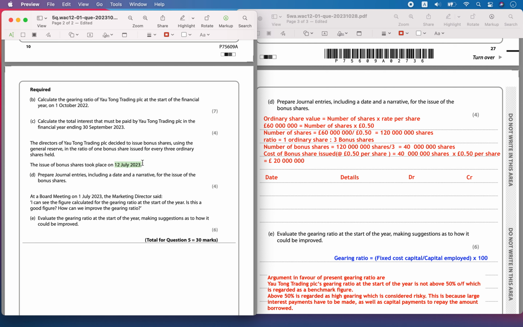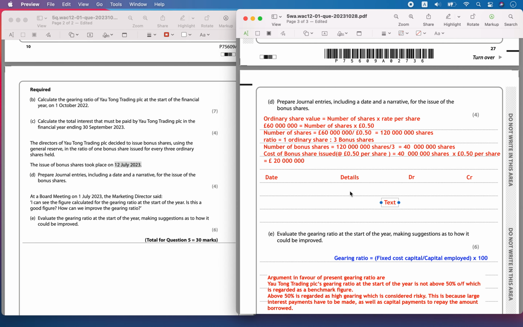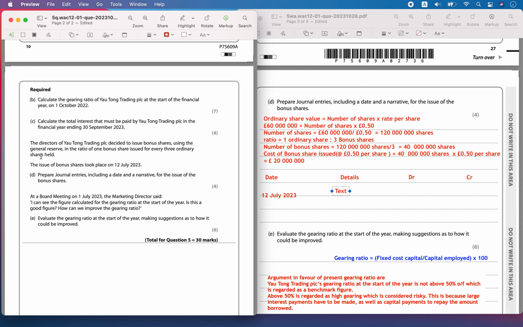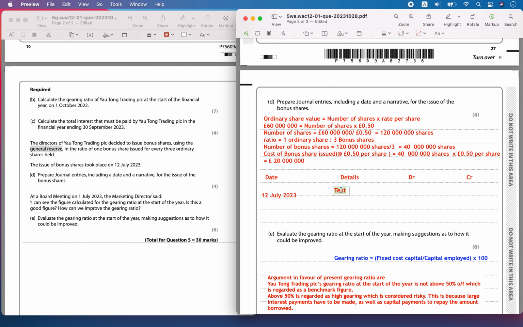Now this is going to happen on 23rd July. So let's write it here. It's going to happen on 23rd July, and the details are, I'm going to issue from the general reserve, which they have given.